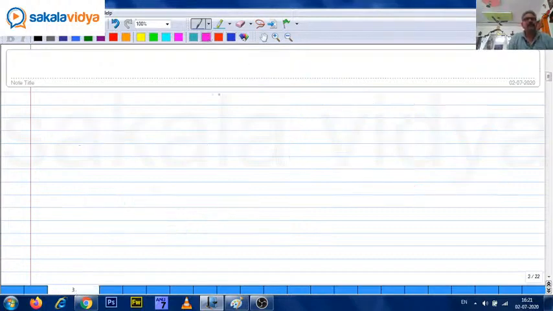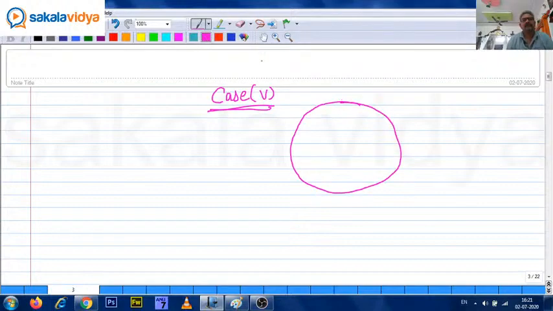Case 5. In case 5, for example, this is a circle and this is another circle, touching externally.